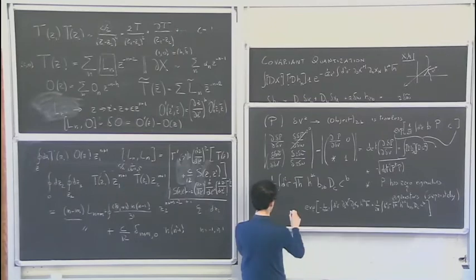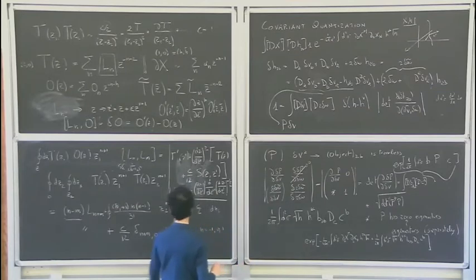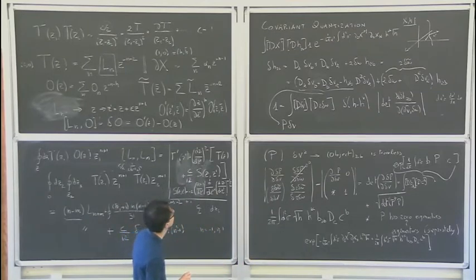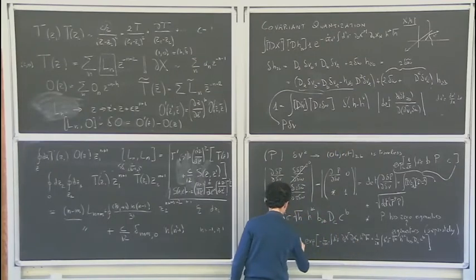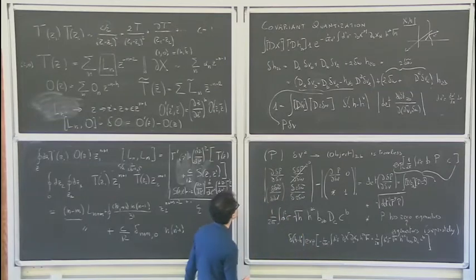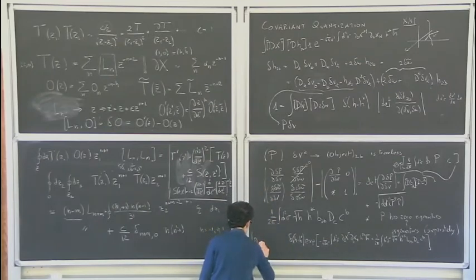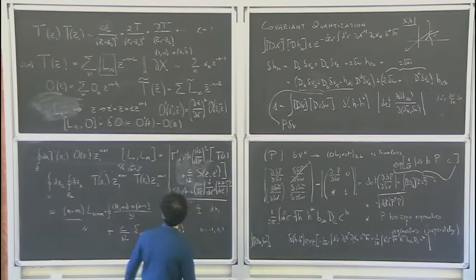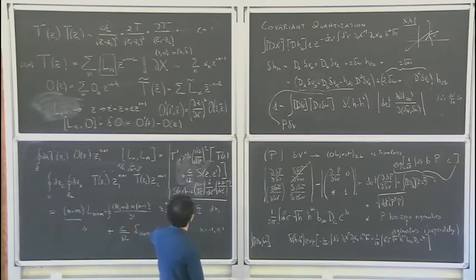Then we had a delta function, which is this one. Then we have this integration. And then we have all integration over x and h.